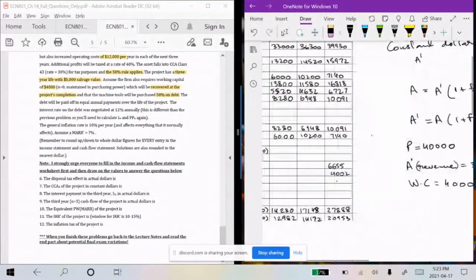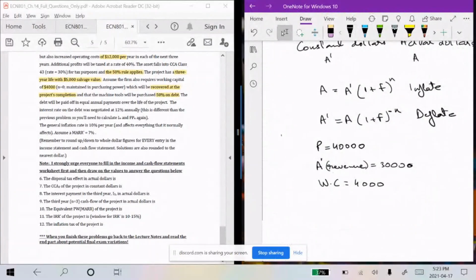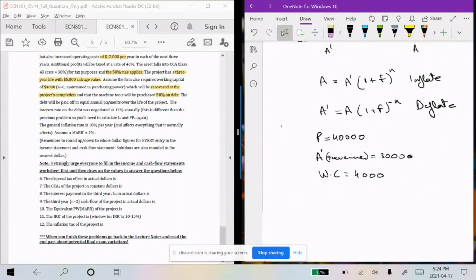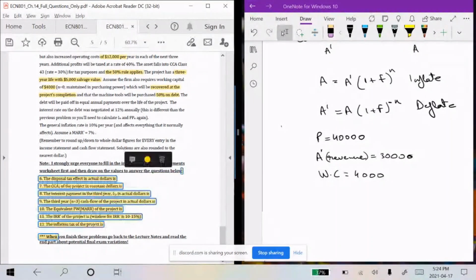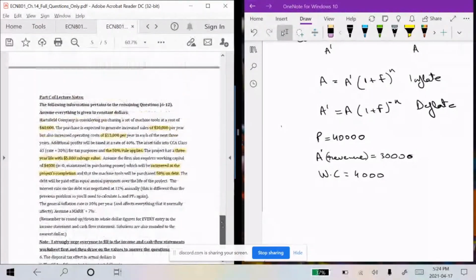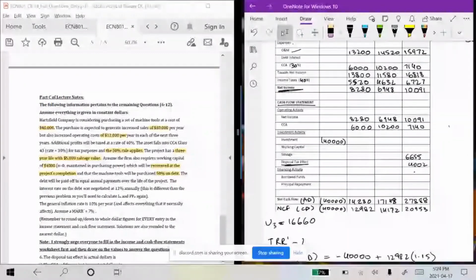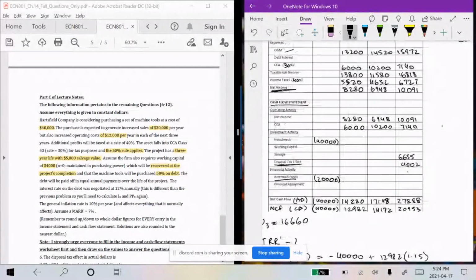What we're doing when they say 50% on debt is, since banks won't just give you a loan for the entire cost of your project, and since we need 40,000, instead of asking for a loan on the 40,000, we just ask for a $20,000 loan. So we take in 20,000 in borrowed funds. This one.